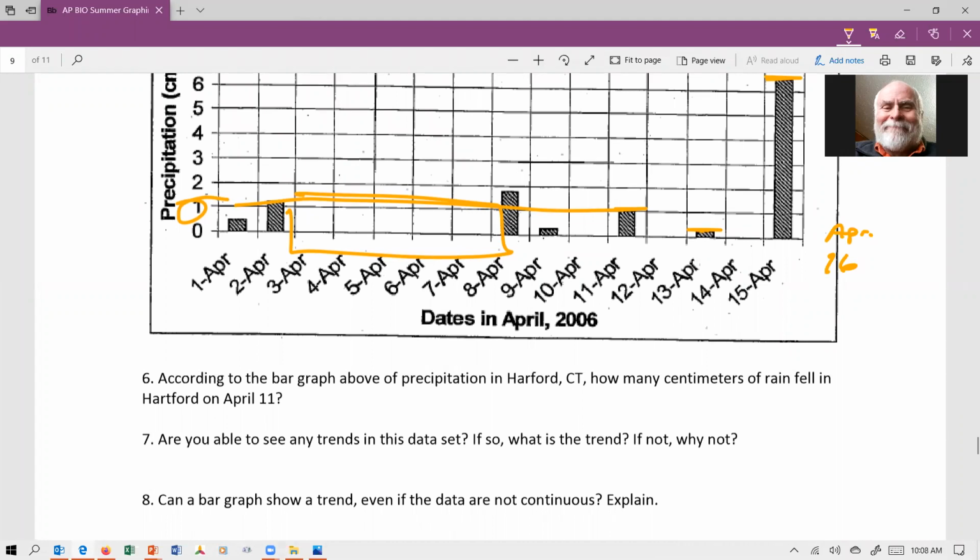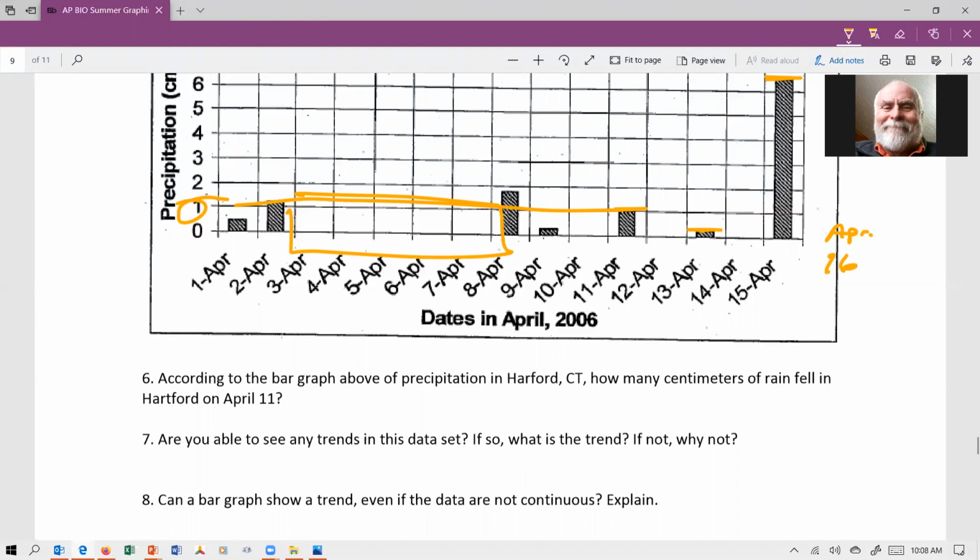Can a bar graph show a trend even if the data are not continuous? Maybe. We might even be able to find a trend in this bar graph if it was more than 2 weeks.